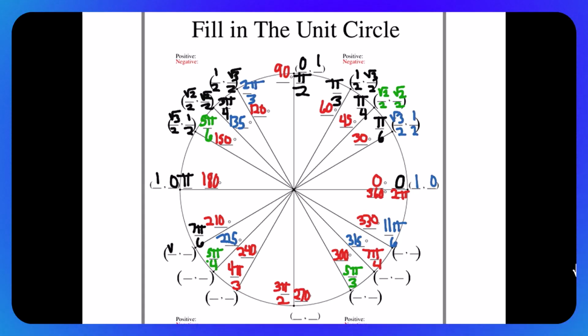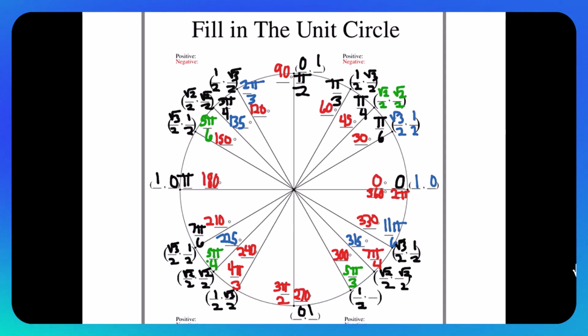And then root 3 over 2, 1/2, root 2 over 2, root 2 over 2, 1/2, root 3 over 2, 0, 1. Then here I have root 3 over 2, 1/2, root 2 over 2, root 2 over 2, and then 1/2 and root 3 over 2.